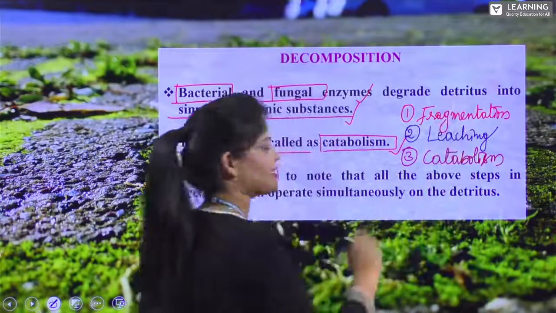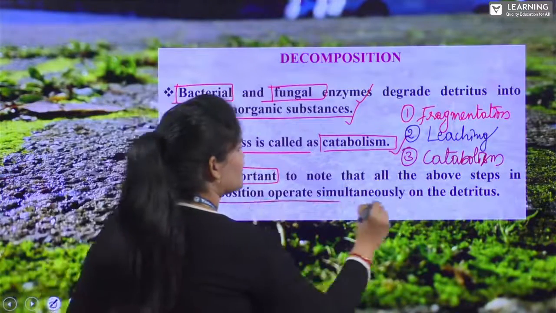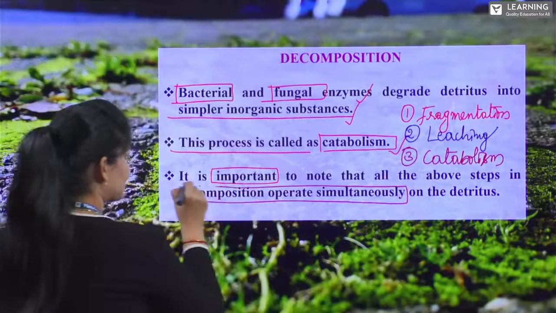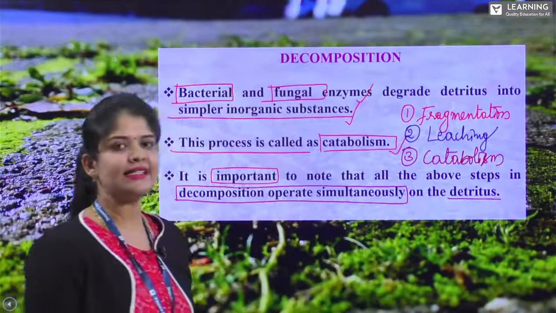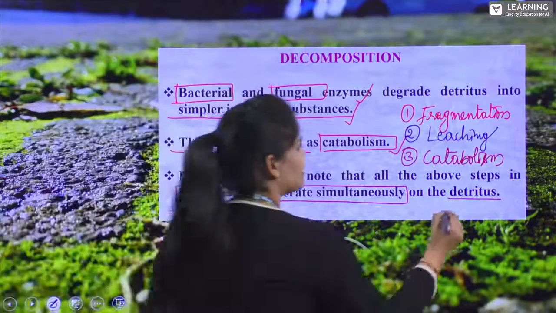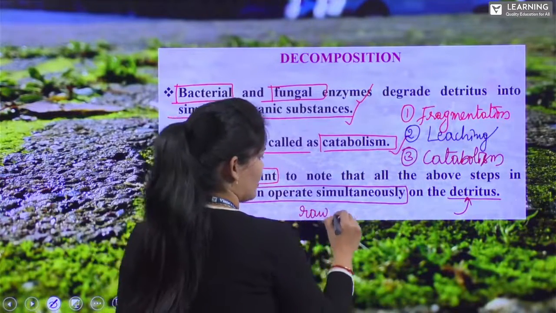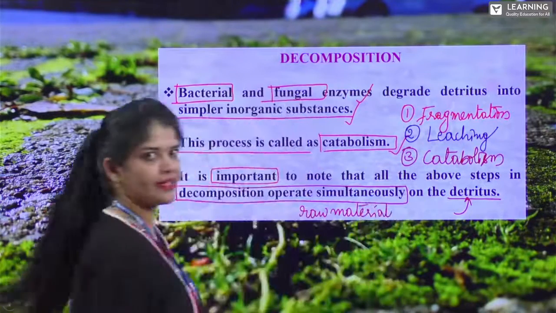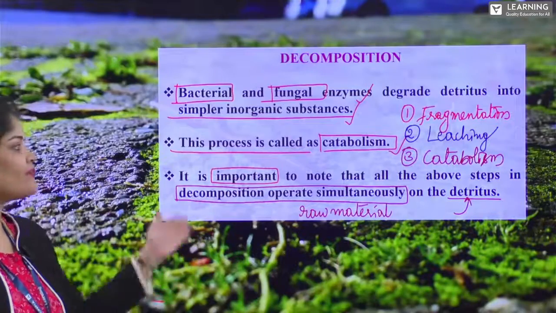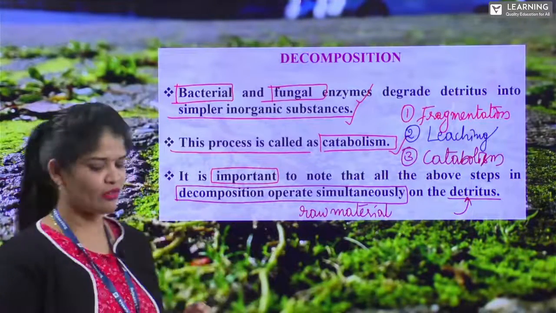All these three steps in decomposition operate simultaneously on the raw material of decomposition, that is detritus. We already know detritus is a raw material. So, after that, two steps. What are they? Humification and mineralization.